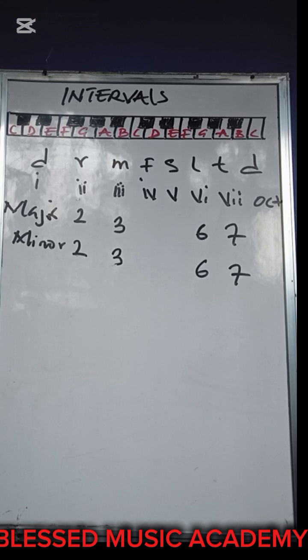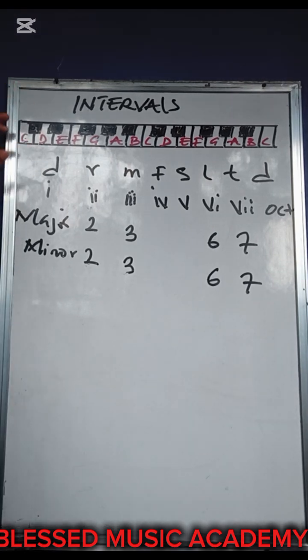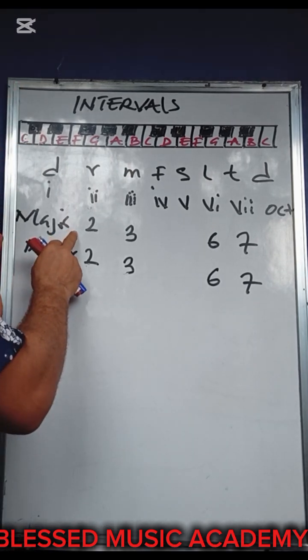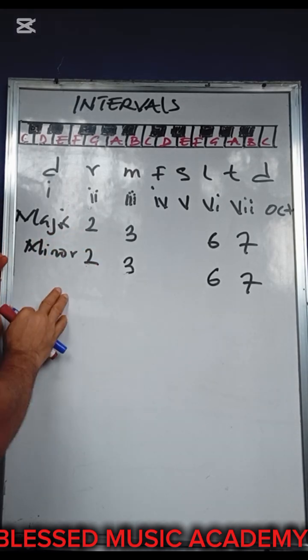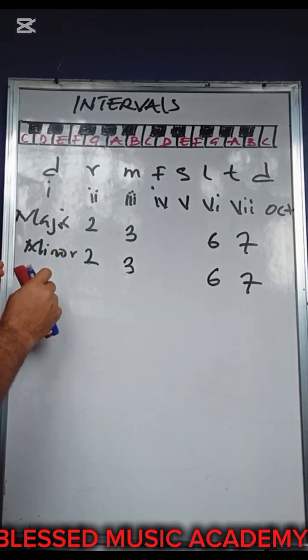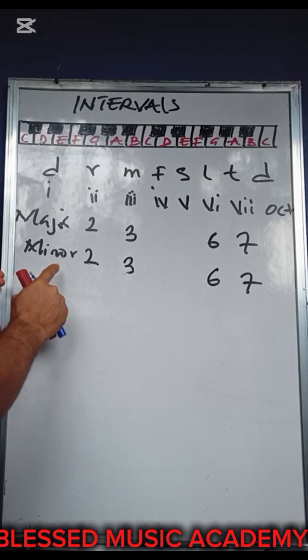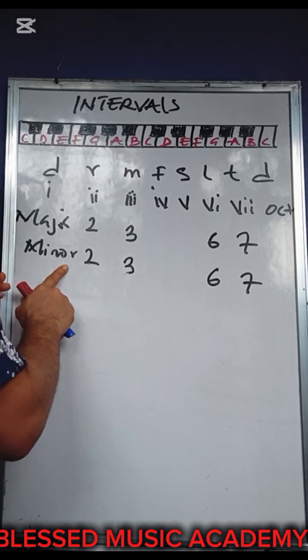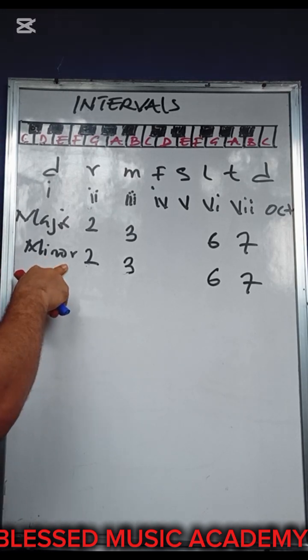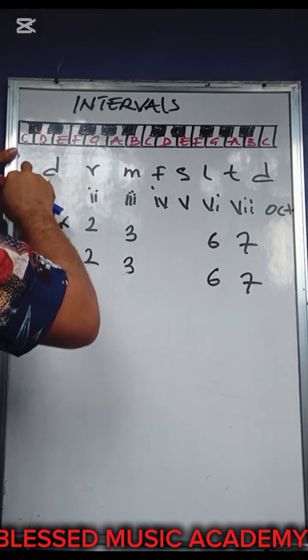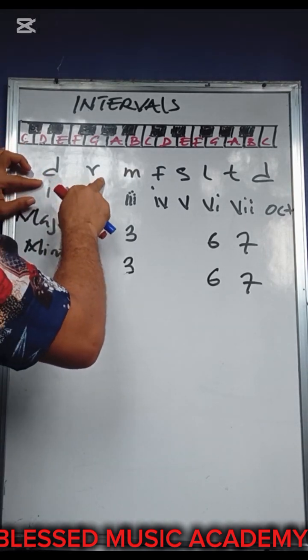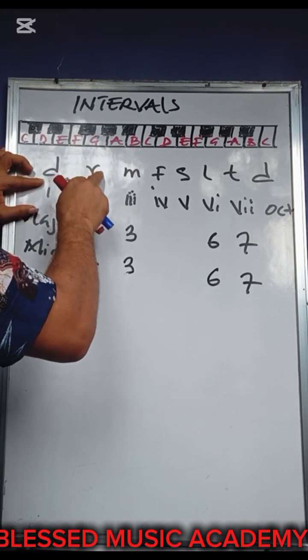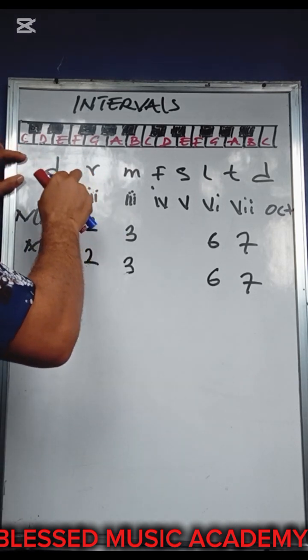Now let me demonstrate it here. Like I told you before, when a major interval is lowered by a semitone, it becomes a minor. For a major second, you count from do to re. We are working in the key of C major now.